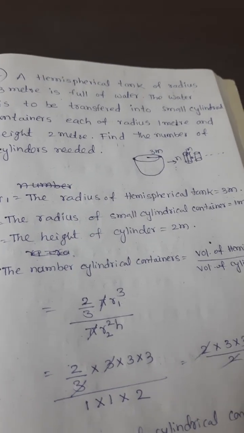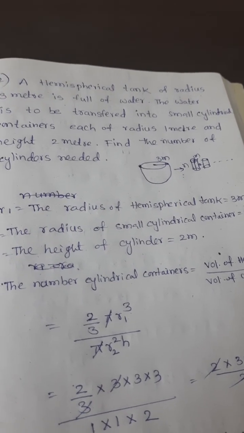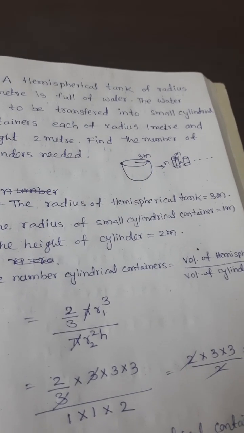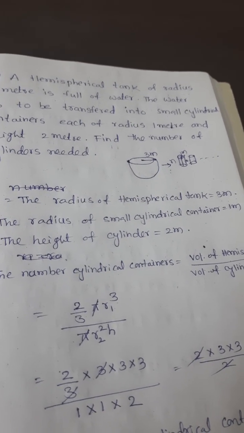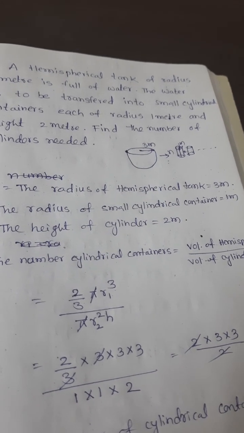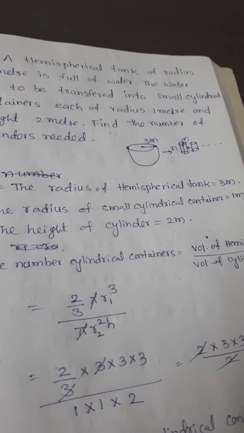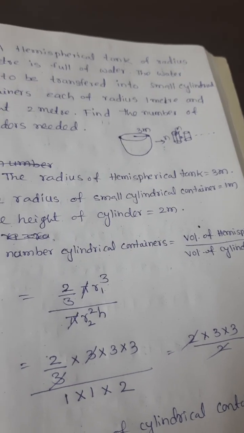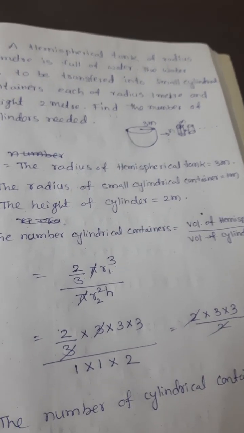So we should transfer the water from the hemispherical tank into small cylinders. So we should divide the volume of the hemispherical tank by the volume of the cylinder.